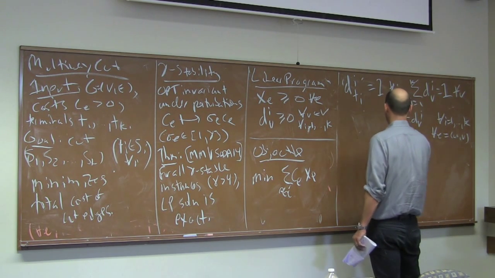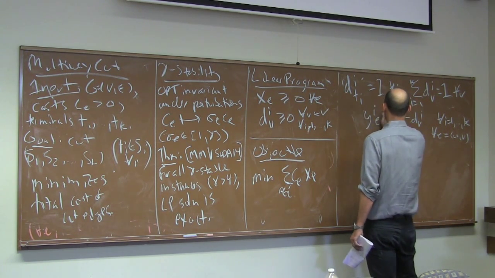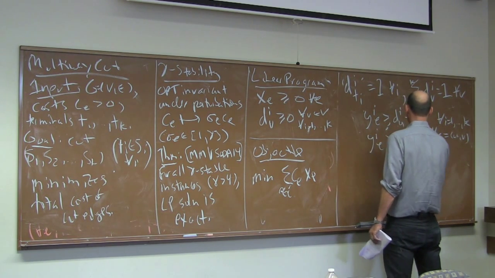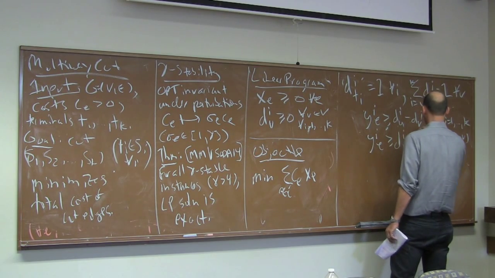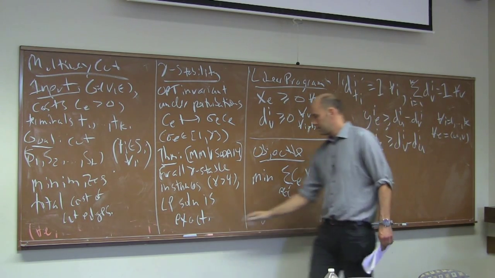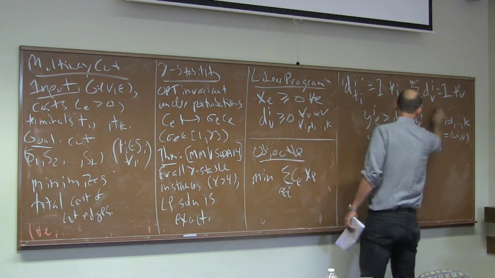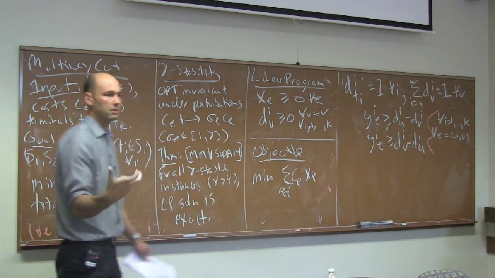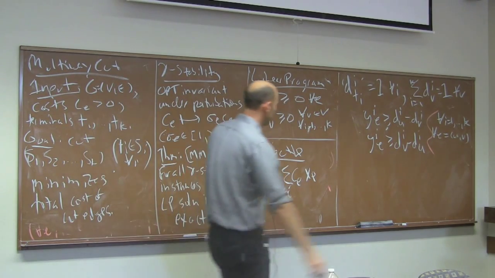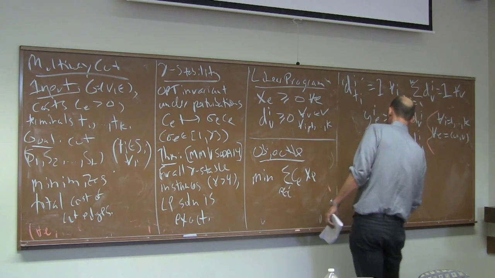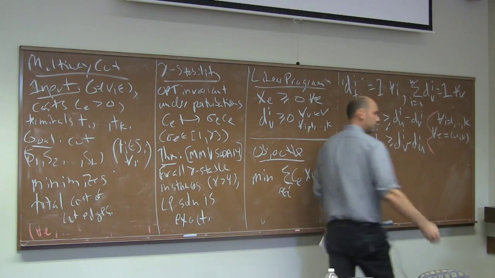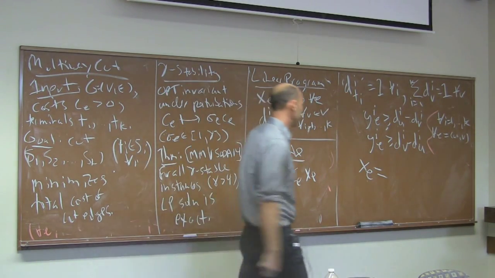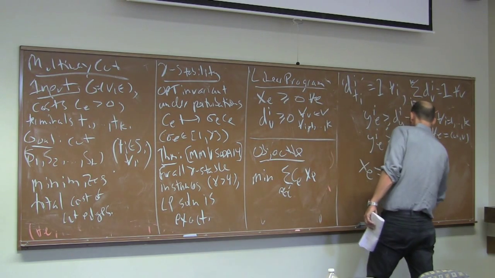So we have 2 of these, and with these flipped. Again, we have 2 constraints just basically saying this y value should be at least the absolute value. I write it this way so it's obvious it's linear. And then at the end of the day, finally, we say the extent to which we call an edge cut is just the sum of these y values, the extent to which they're cut across each of the coordinates.